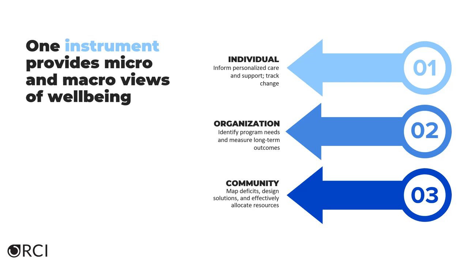One thing about an instrument like this, and you'll see this when we look at the demo and some of the data, is it's not just individual information. The survey assessment gives you that individual personalized data set. You can track change at that particular level and personalize care.